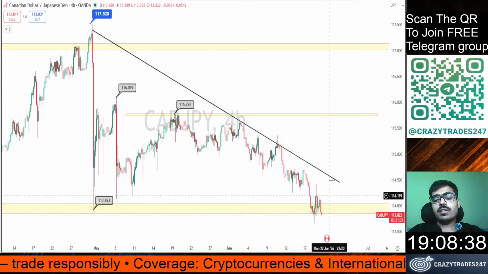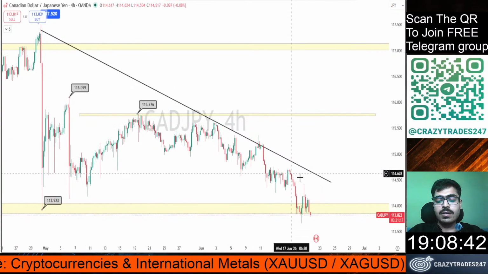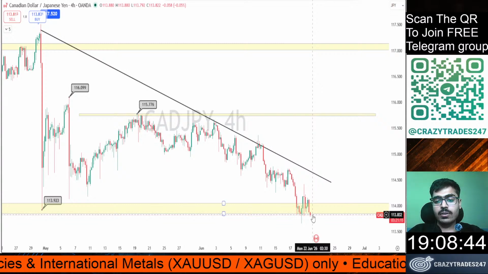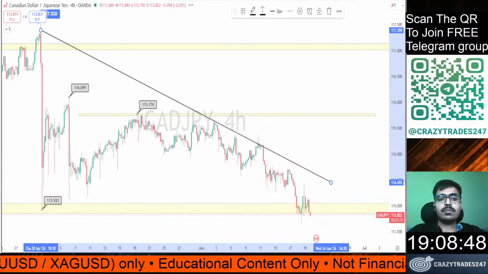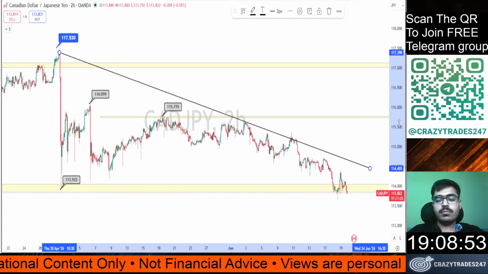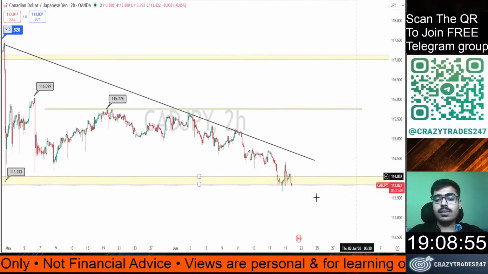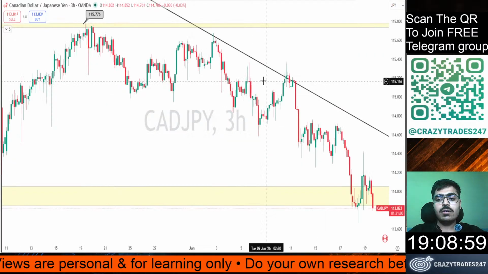Now, if it gives a pullback to the downswing that it has witnessed, then it might again get rejected from this bearish trend line. So it would be wise for buyers and sellers to keep these things in perspective before taking any trading calls.